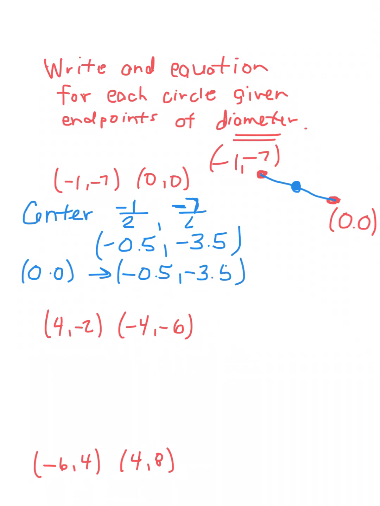My distance formula: I'm going to subtract my x's, which would be 0.5 squared, subtract my y's, which would be 3.5 squared, and then take the square root of that.